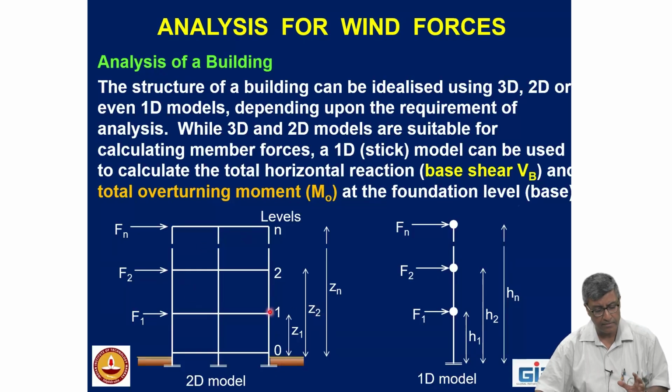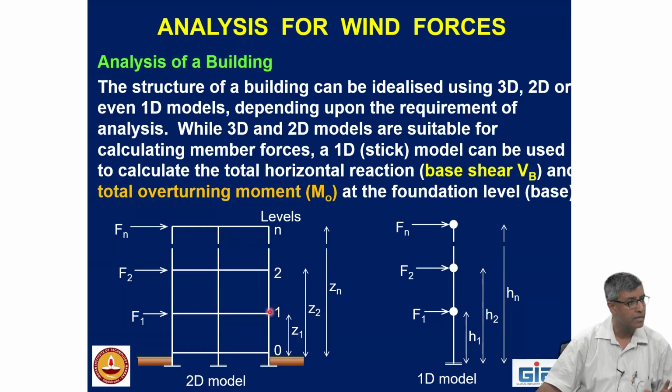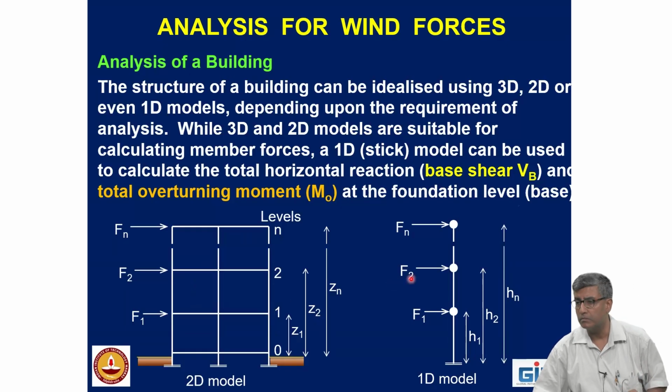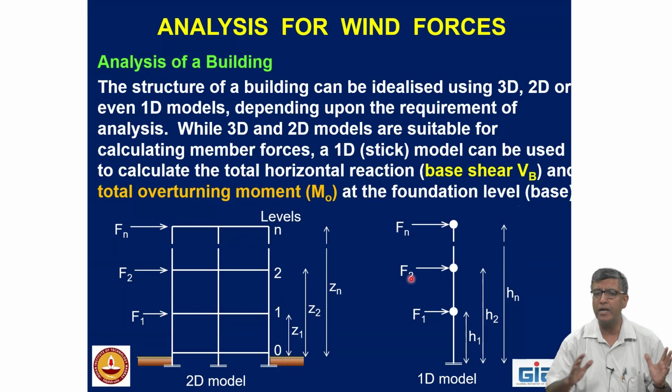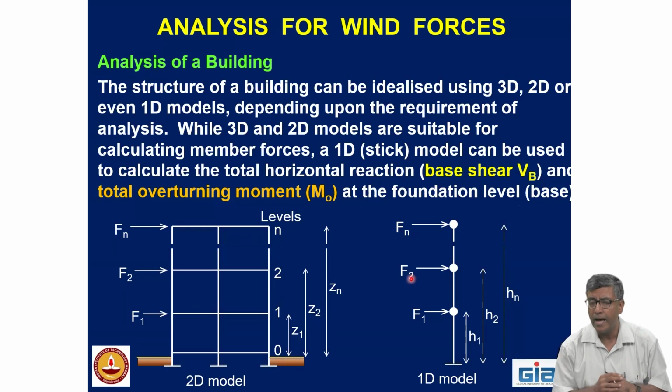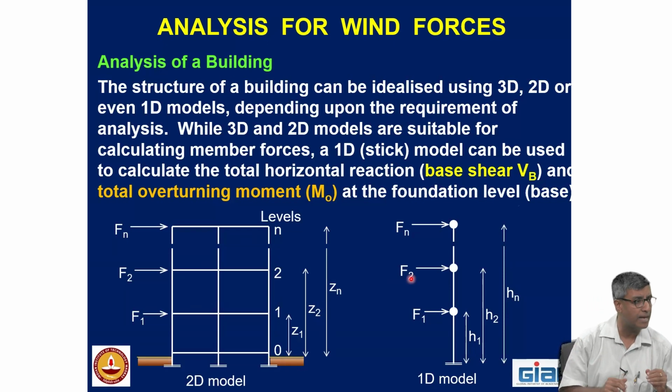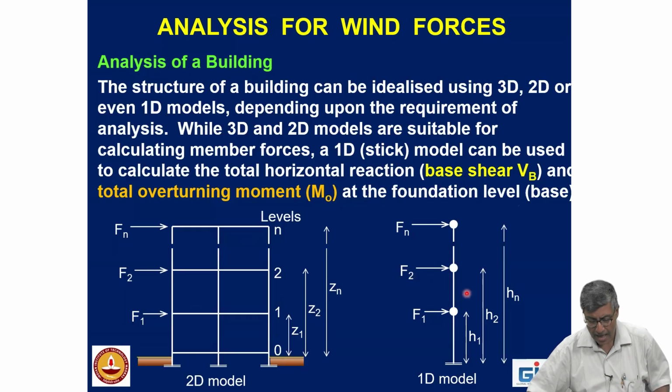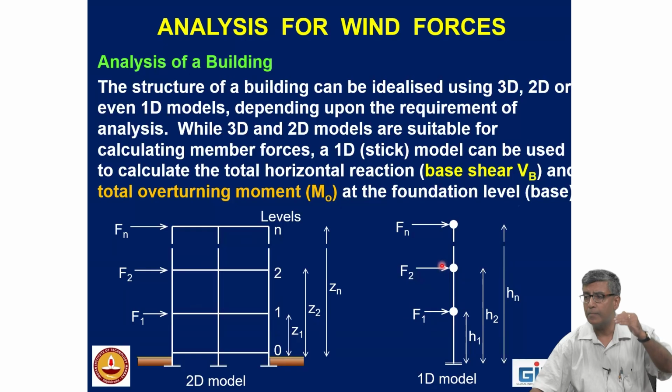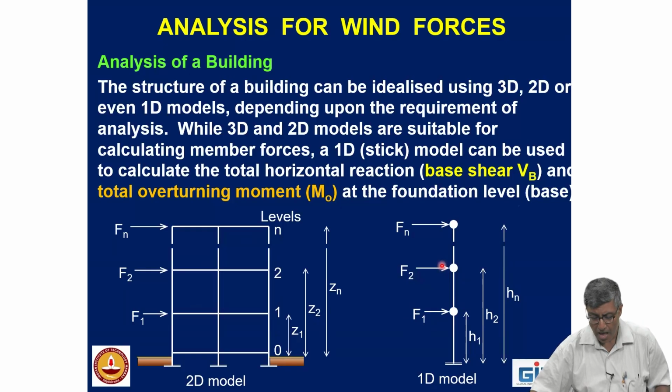Now, this system can be thought of as a stick model, because we are doing an overall analysis, as if I am lumping the masses at the different levels, and I have to calculate F1, F2, like that up to Fn. And how do I do that?